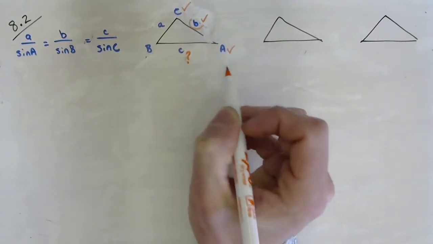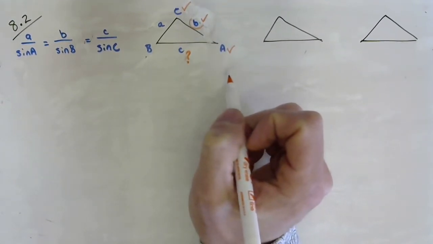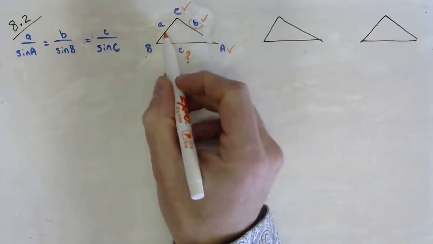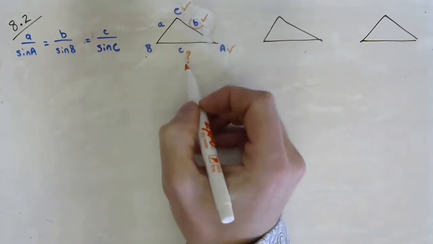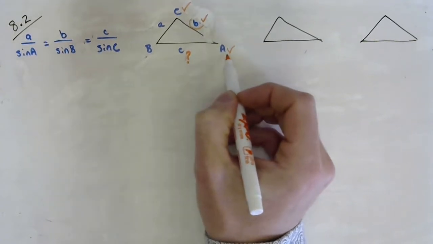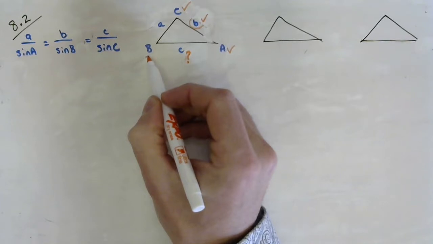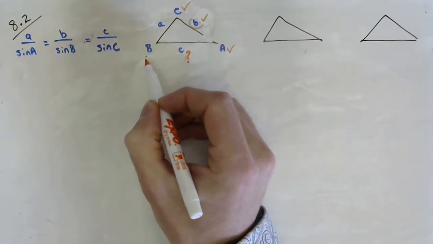Who says no? Why not? Because you don't have... oh wait, do you know C, the big C? I know big C, but I don't know little c. I know big A, but I don't know little a. And I know little b, but I don't know big B. No, you can't. I do not have opposite information, so I can't immediately solve this.